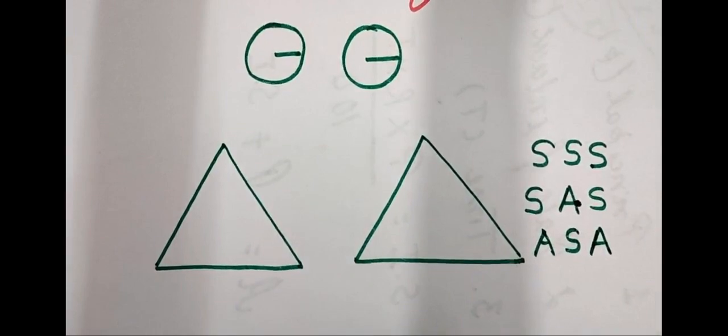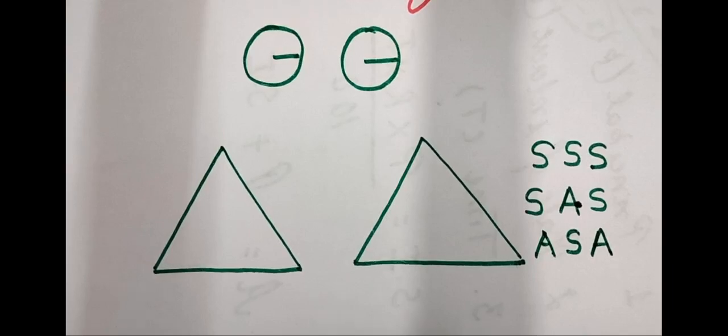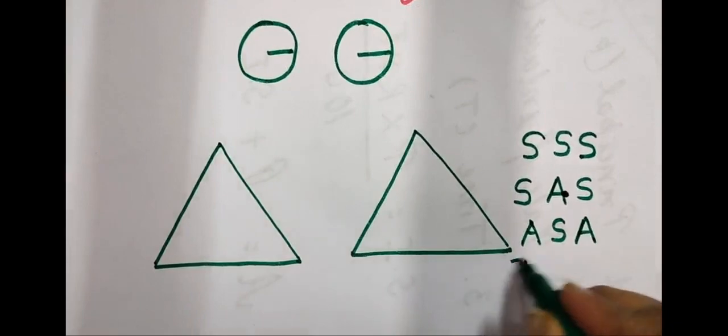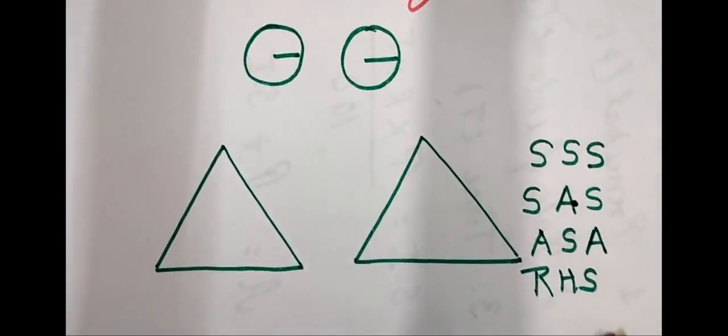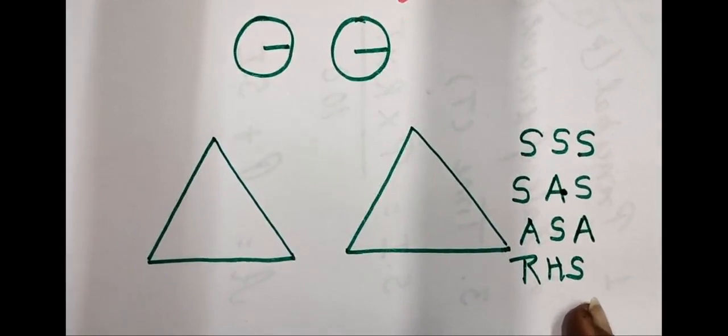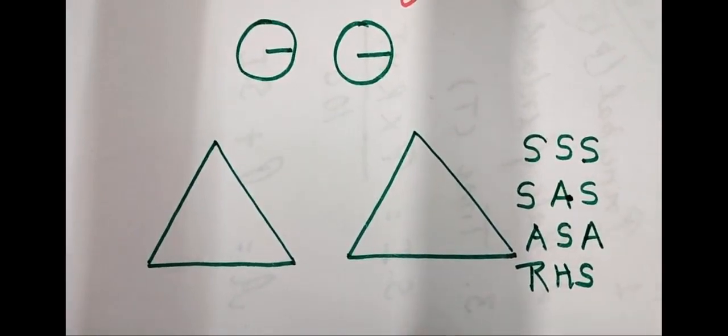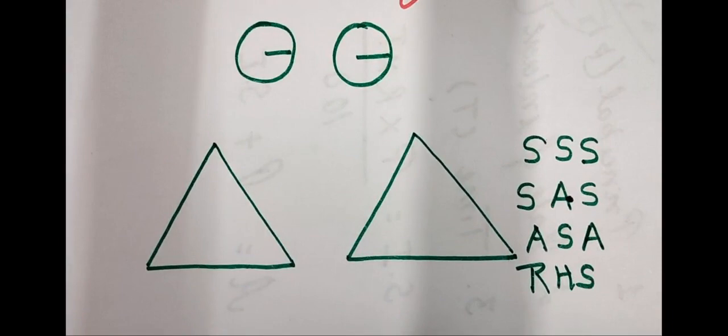And the fourth one is one right angle, one side and the hypotenuse of the triangle being equal. That is called RHS. Here the right angle, hypotenuse and one of the sides are equal to the corresponding parts of the other triangle. So we can say that the triangles are congruent.